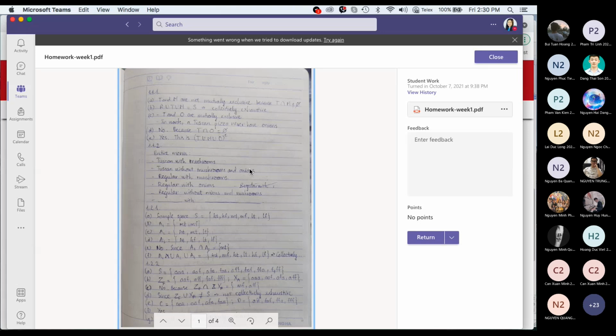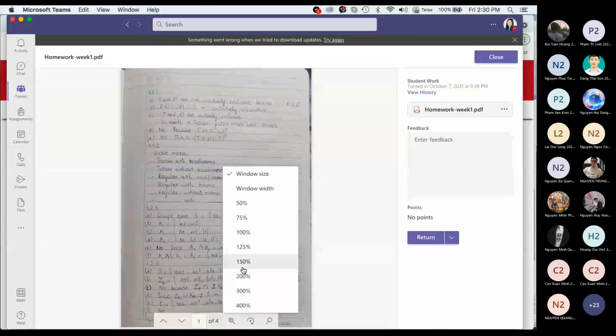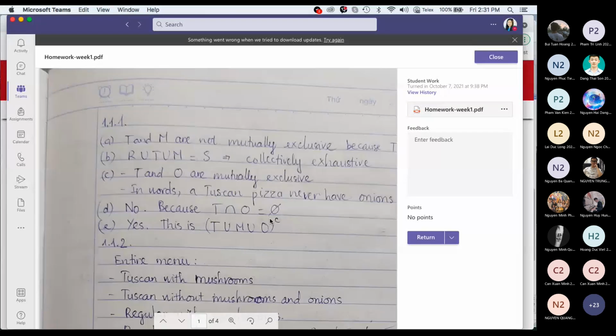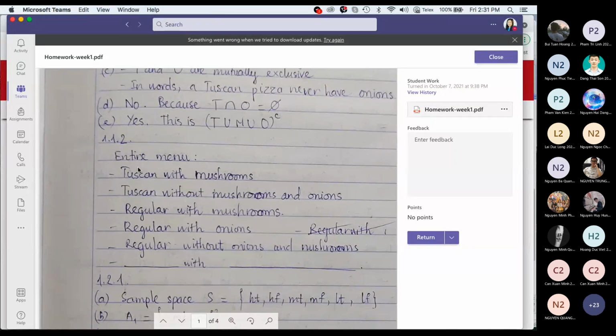1.1.2. Tuscan with mushroom, Tuscan without mushroom and onion, regular with mushroom, regular with onion, regular without onions and mushroom, and regular with onion and mushroom.